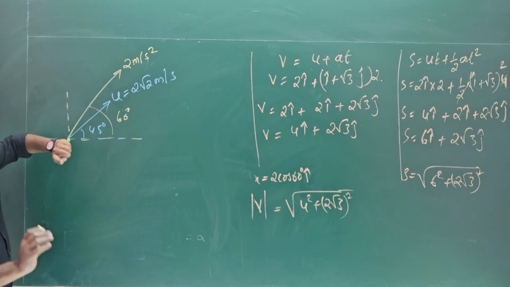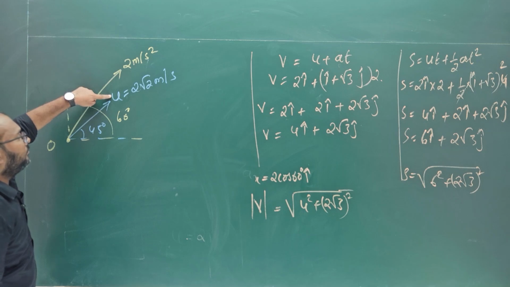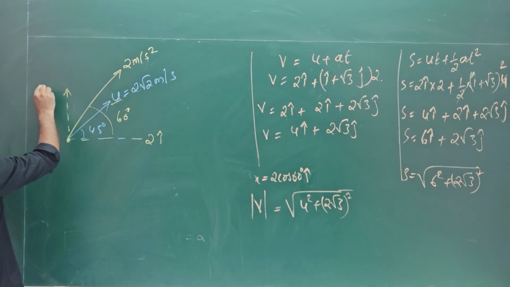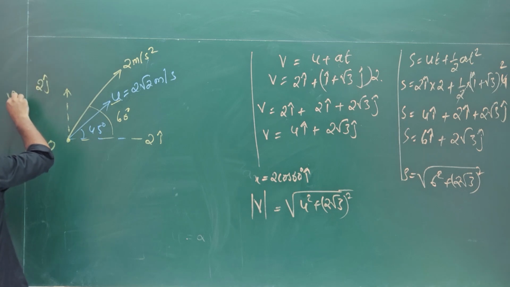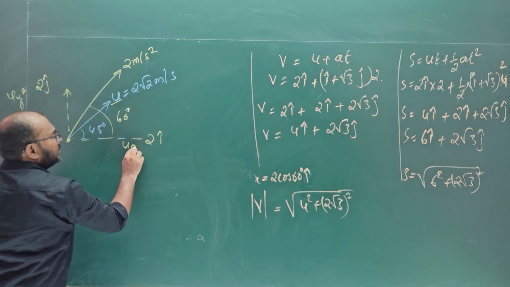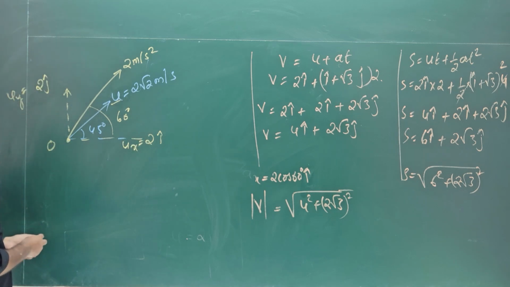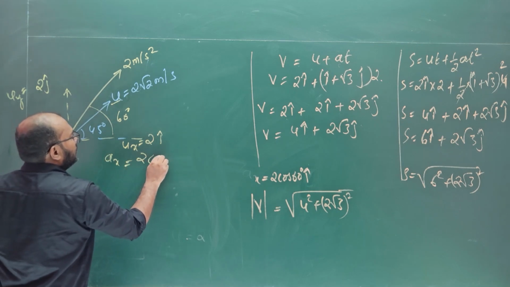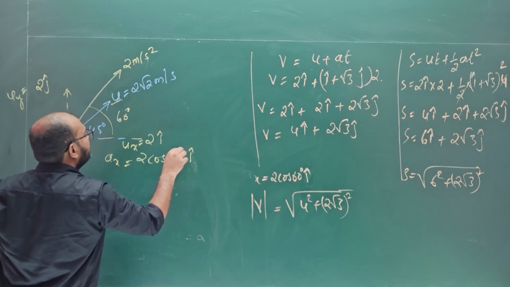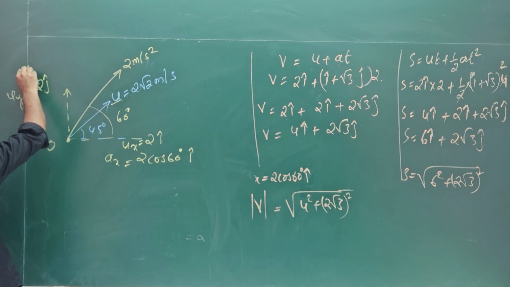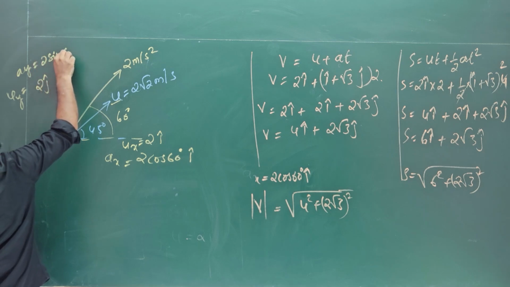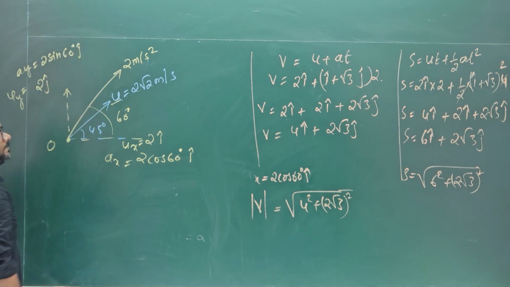So all you need to do is take the components. The u component can be written as 2 i cap over here and 2 j cap over here. So this is your ux, and acceleration ax can be written in this direction as 2 cos 60 degree i cap, and ay along the y direction is 2 sine of 60 degree j cap.